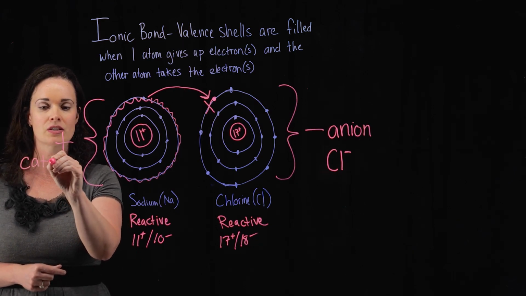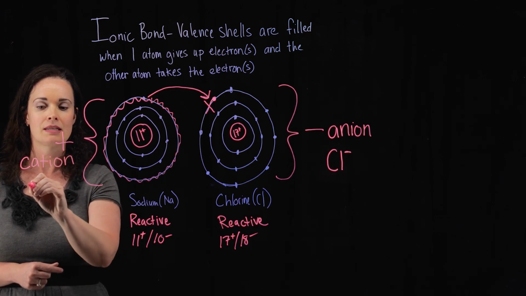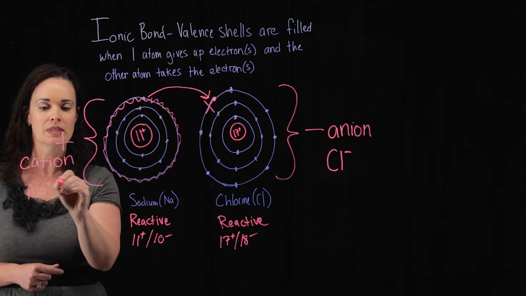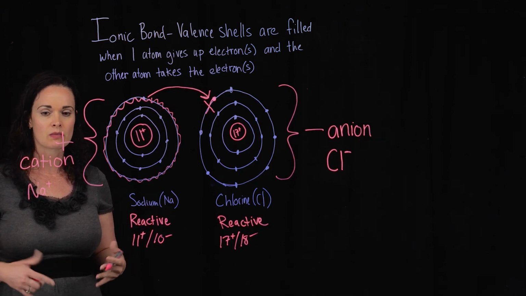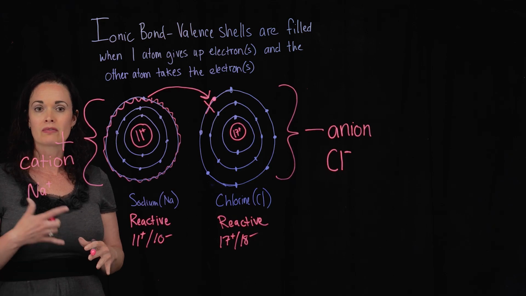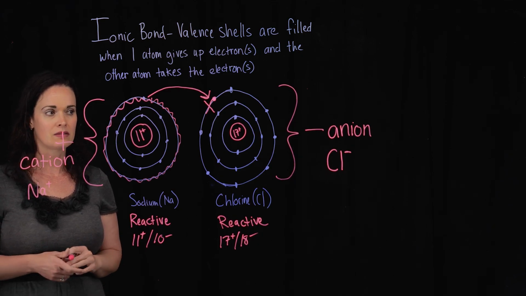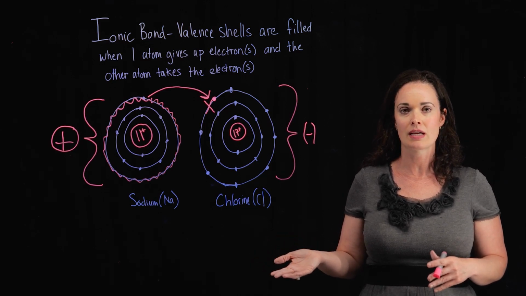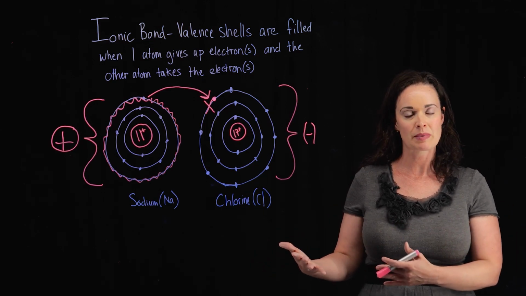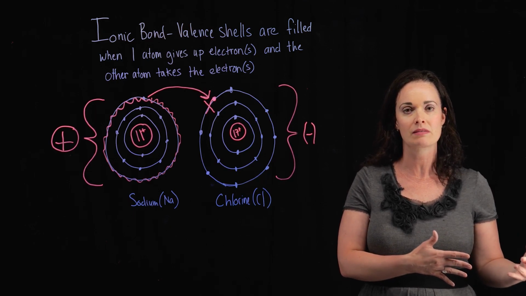Positively charged ions are known as cations, and so sodium in this form is going to be written like that, okay? Na, its chemical symbol, plus, to represent that we've lost an electron and now this is a positively charged cation.